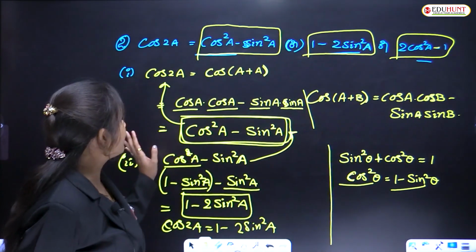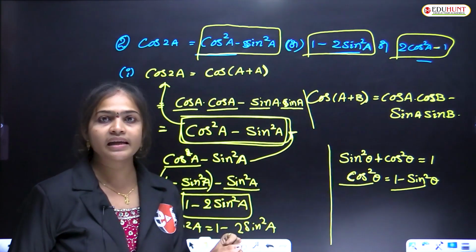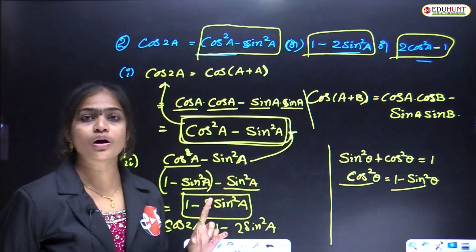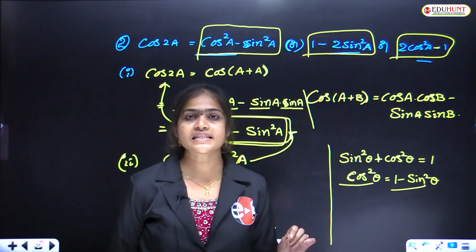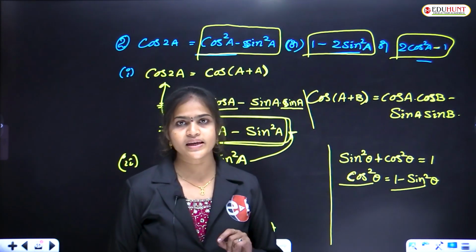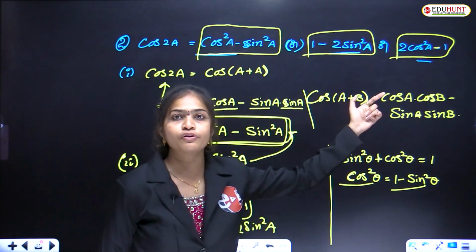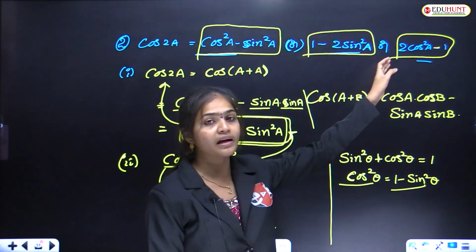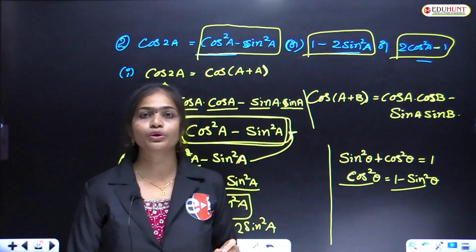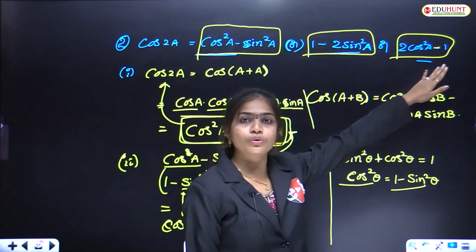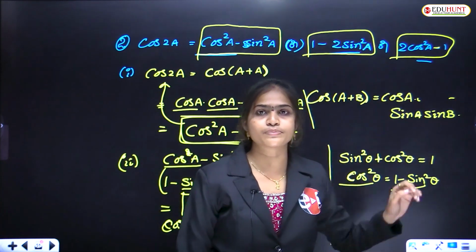So here how many formulas are there for cos 2A? Here we have that 3 formulas. The first formula is cos 2A is equal to cos square A minus sin square A. That is the first formula. Okay. By using that first formula, we derived that the second formula. What is that? 1 minus 2 sin square A. Okay. Which is also equals to 2 cos square A minus 1.